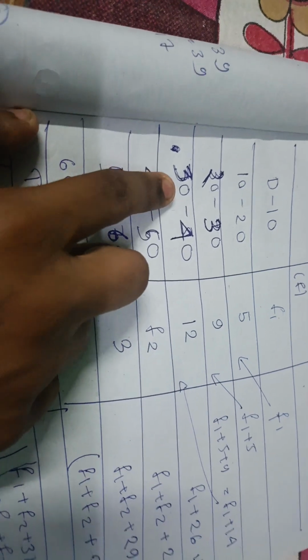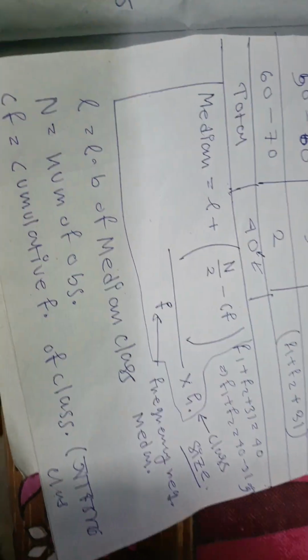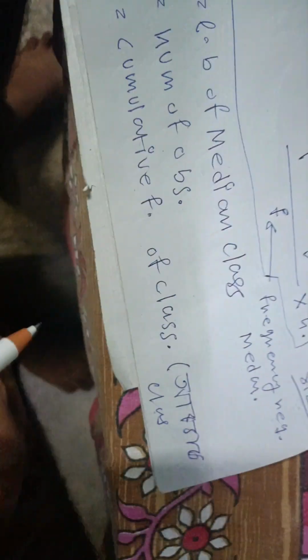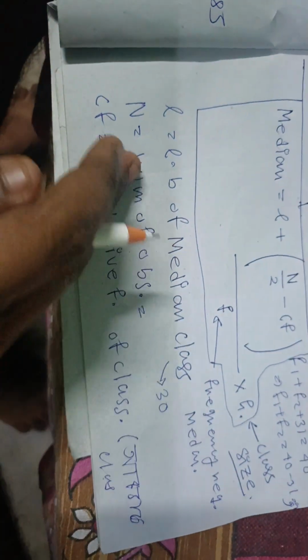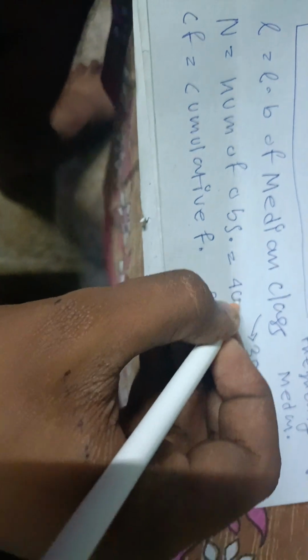Okay, so what is the lower boundary value of this? That is 30. So L is 30. And the total number of observations is 40.